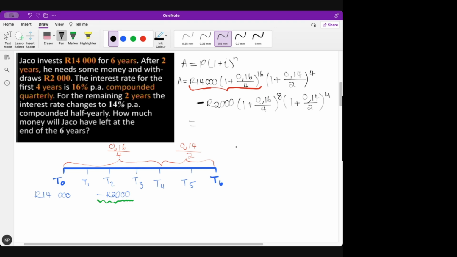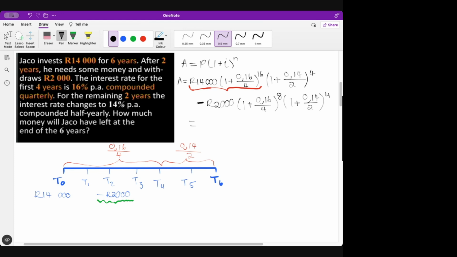Okay. So, Renelo, do you agree that if this was just an investment of 14,000, then the first part of my calculation would have been perfect? Do you understand that part? But now we know that 2 years in, this person withdraws 2,000 rands. Do you agree? Yeah, but then the question is, do you minus the 2,000 after the first calculation of the 4 years? Yes. So you first calculate how much money this person would have had in total had there not been any adjustments.